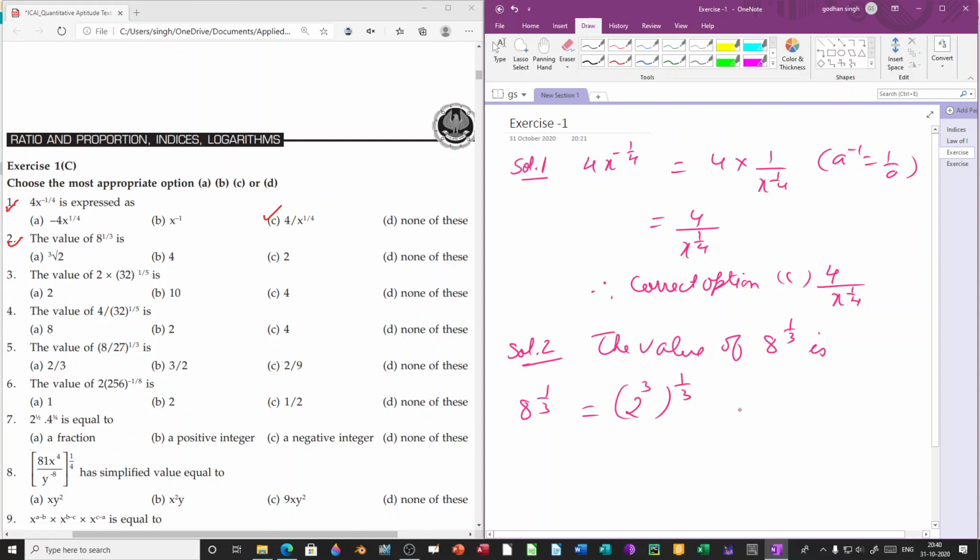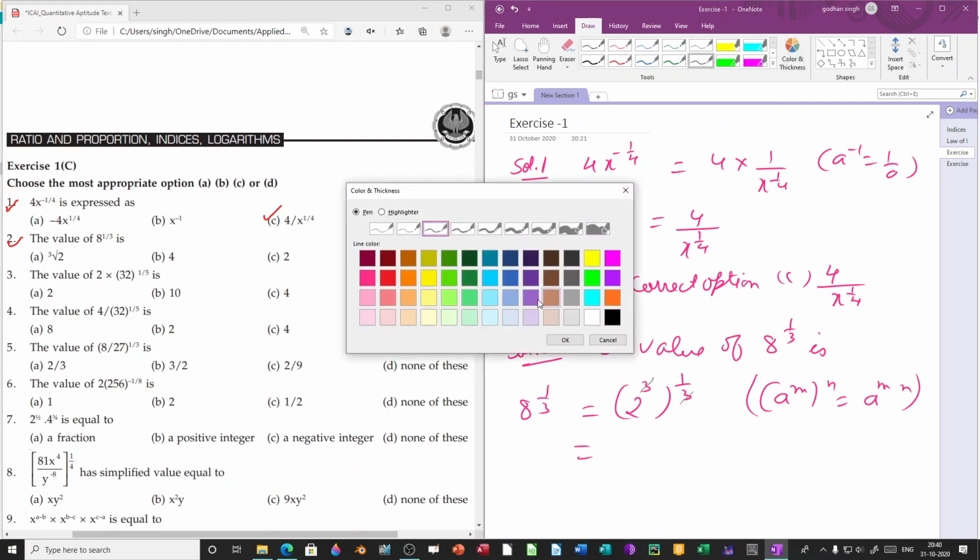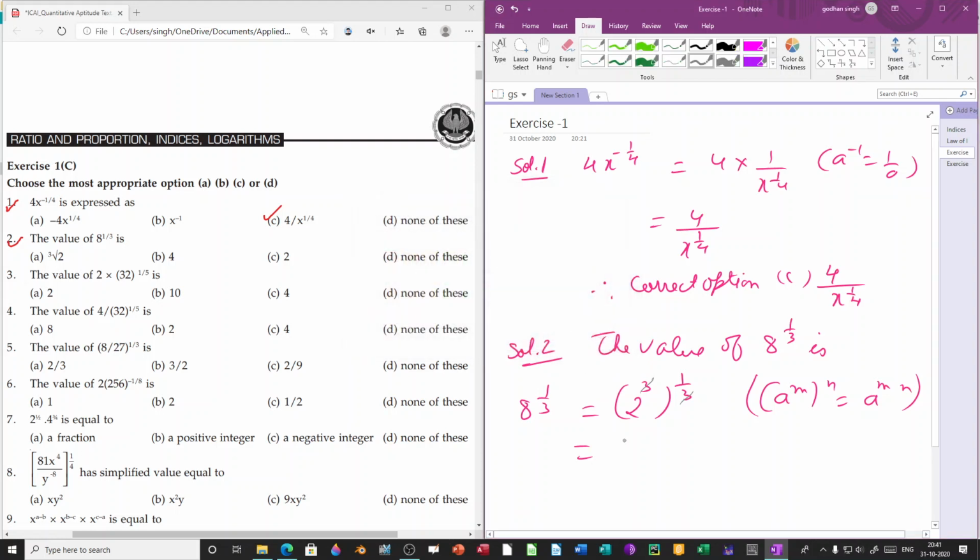raised to 1 by 3, and we know that a raised to m raised to n equals a raised to mn. So this 3 and 3 can be cancelled out, and we'll get the answer as 2.